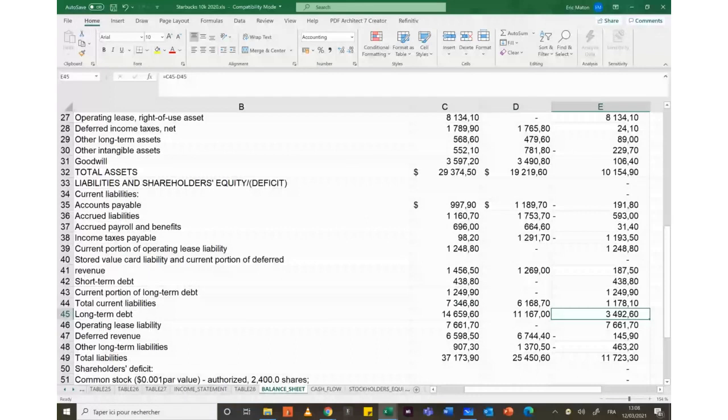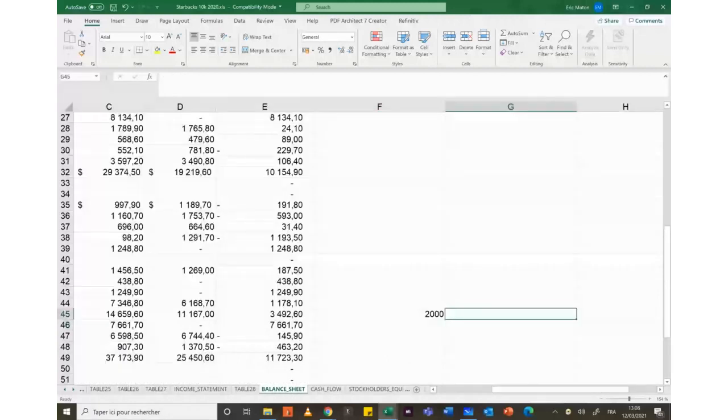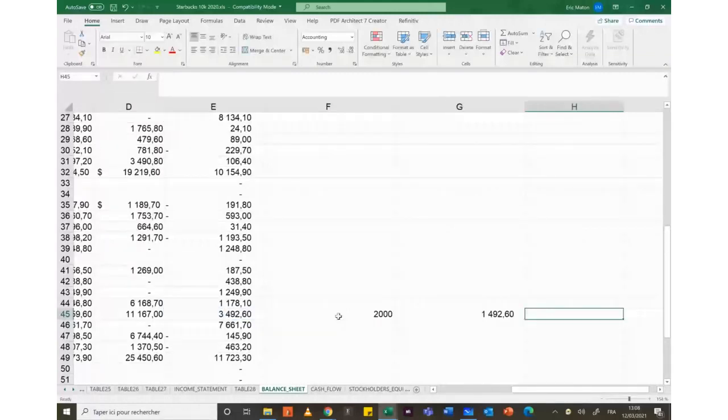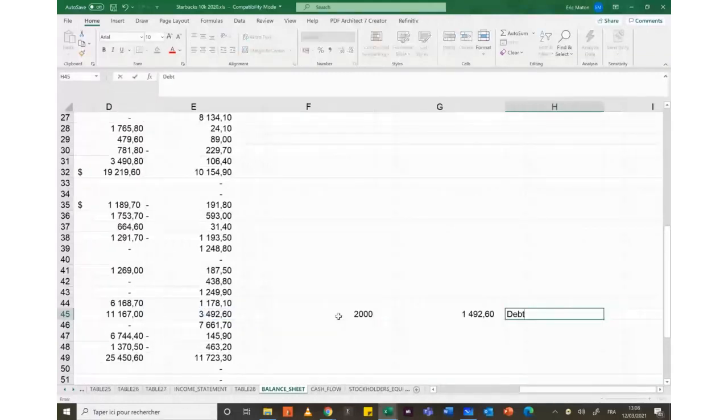This change may be at the level of the cash flows. It's only 2 million. Why do I have the difference between the two? I have a difference between the two maybe because some debt is converted into shares. So it's without a cash effect.